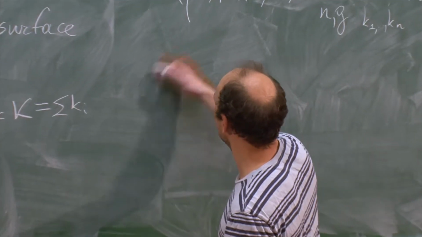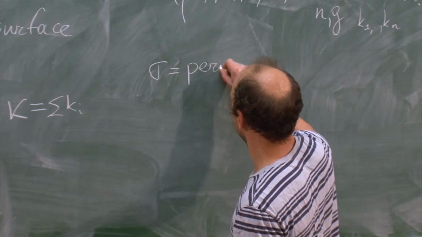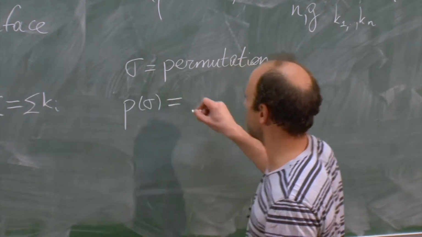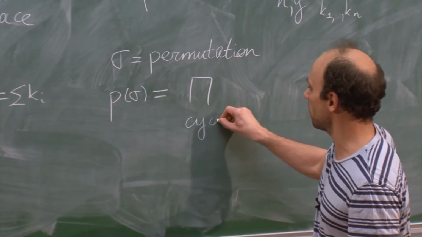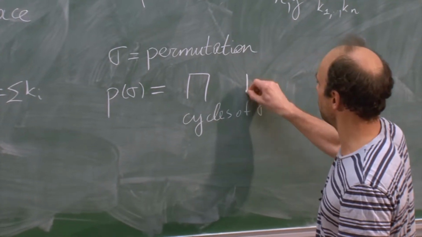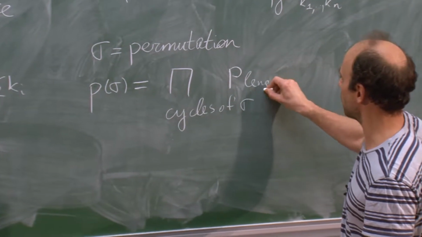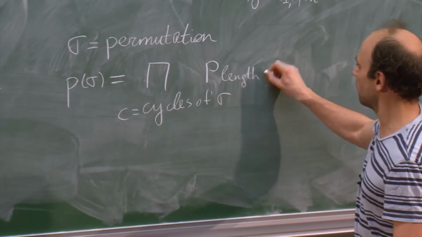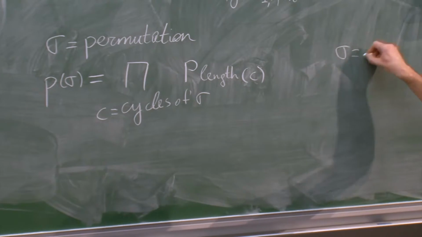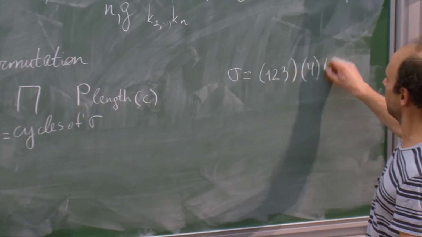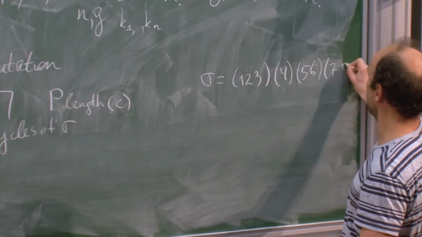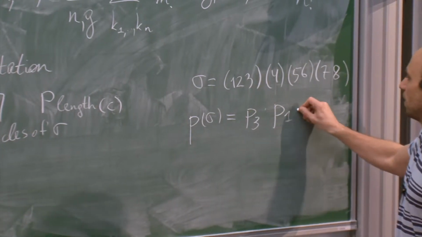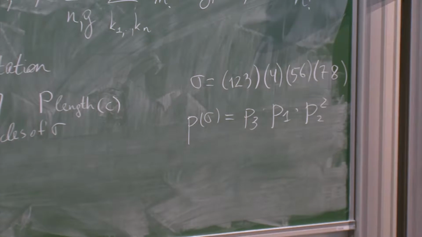If sigma is a permutation, then P of sigma is going to be the product over the cycles of sigma of P sub the length of the cycle, so P of the length of C. So if sigma, for example, is equal to the product of cycles (1 2 3)(4)(5 6)(7 8), P of sigma is going to be P3 times P1 times P2 squared. Okay?